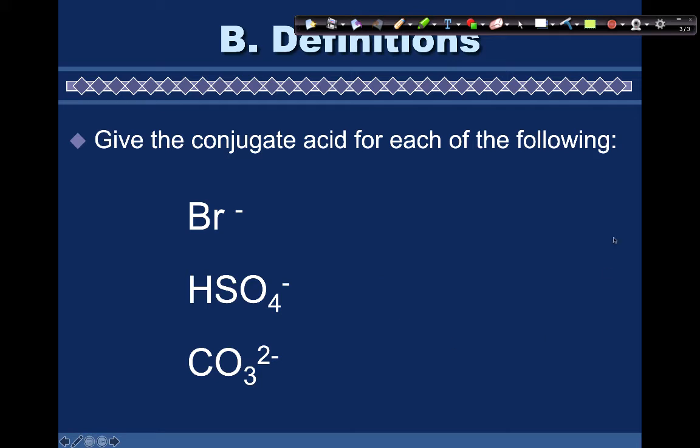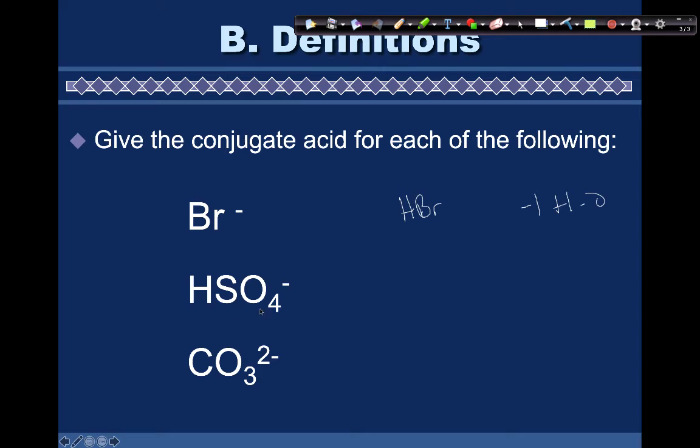All right, so give the conjugate acid. So in this case, okay, this is a base. Bases accept, we're going to add an H plus. So if we're going to do that, it's going to become HBr, charge will change, so now you're adding an H plus, so it's minus 1 plus 1, which would be 0.